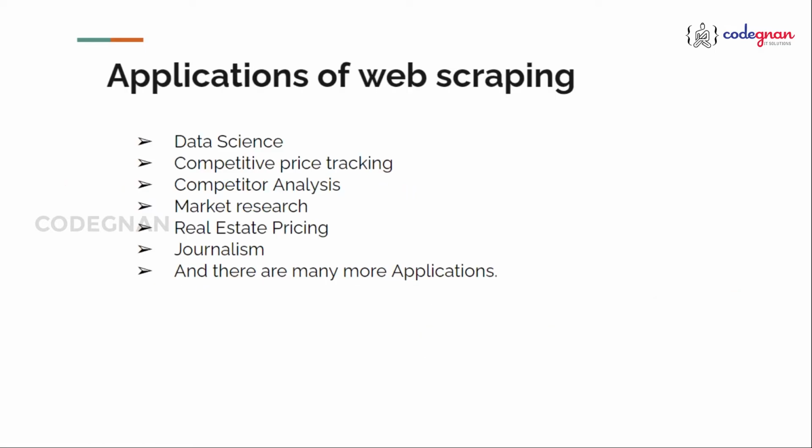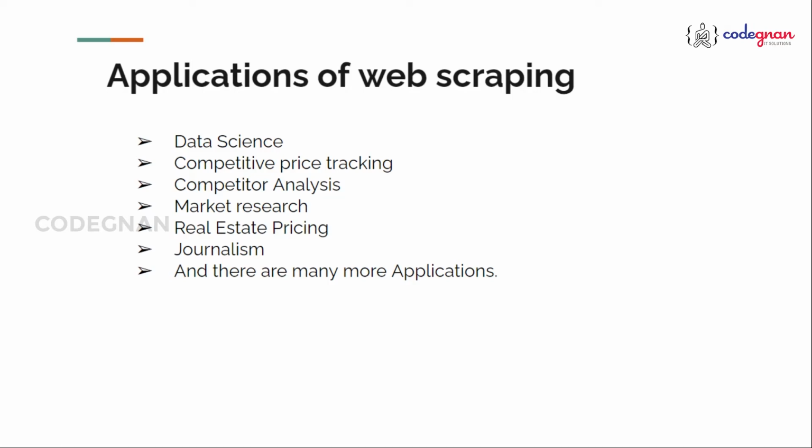What are the applications of web scraping other than data science? For sure we have this huge application in data science, right? To collect the data for building any model, for performing any analysis, we need data, right? Also, apart from data science, there is a requirement of web scraping in competitive price tracking. For example, you want to track the price of your competitor, what their products are, how much they are charging for them, so that you can price your product accordingly, right?